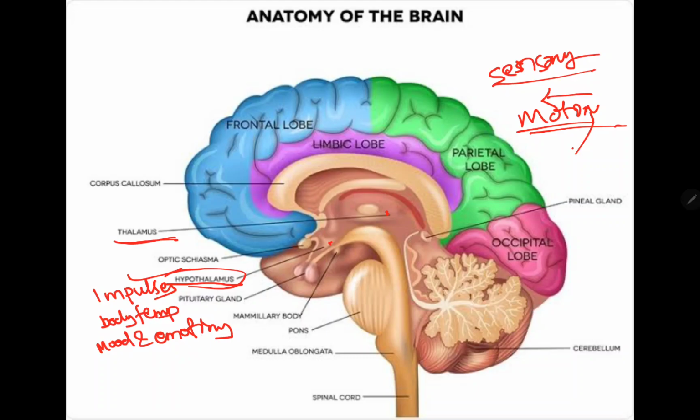It coordinates the messages from the autonomic nervous system. It also controls your appetite, peristalsis, the rate of heartbeat, blood sugar, etc. All these functions are done by your hypothalamus. That's why it is considered the primary region of the brain. So, this is all about the parts of the forebrain.